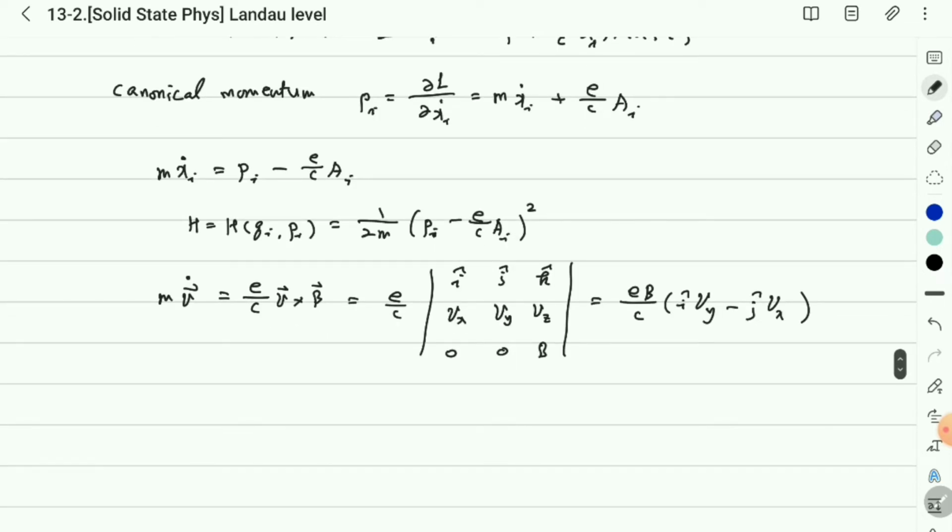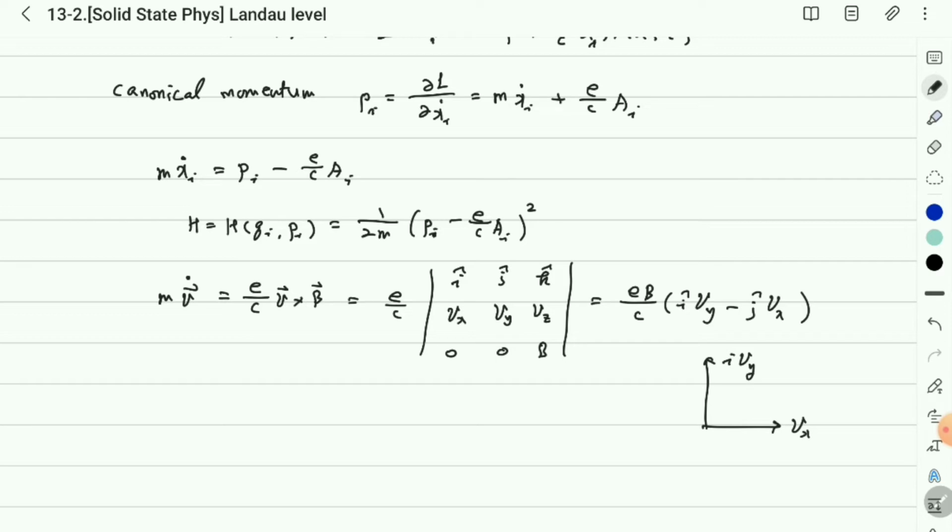For mathematical simplicity, we define in the xy plane that the x direction is the real value and the y direction is the imaginary value.